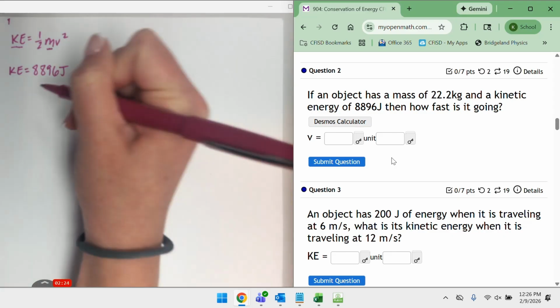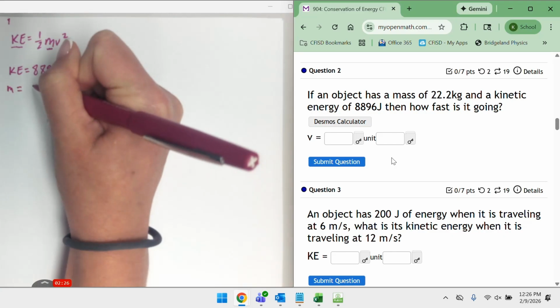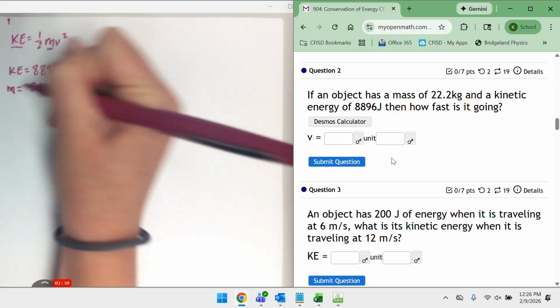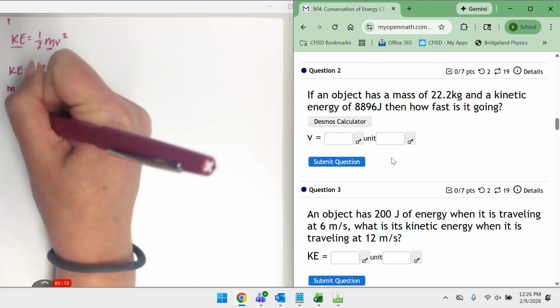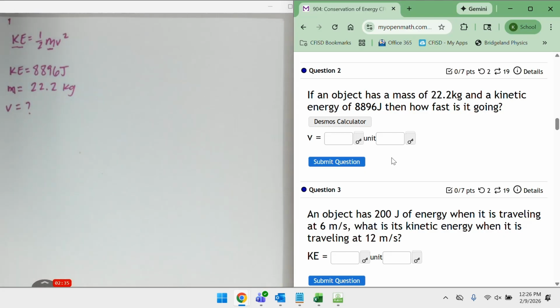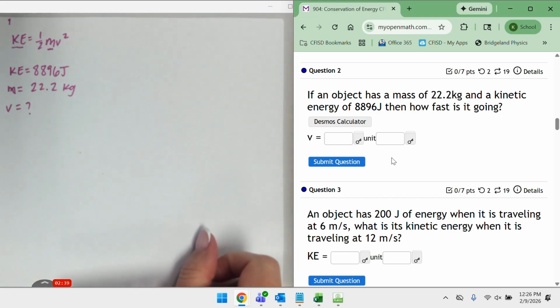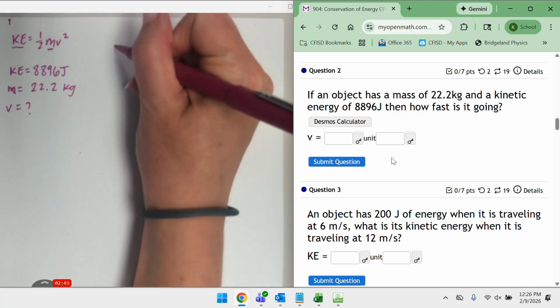They're giving us a mass that is 22.2 kilograms. And they are asking us to solve for how fast, which means they want us to find the velocity. So we're going to substitute these values into this equation, and then we're going to have to rearrange to solve for velocity.